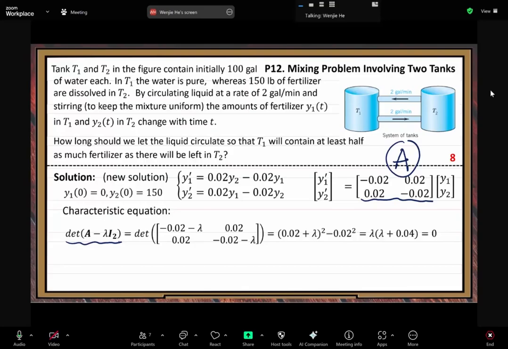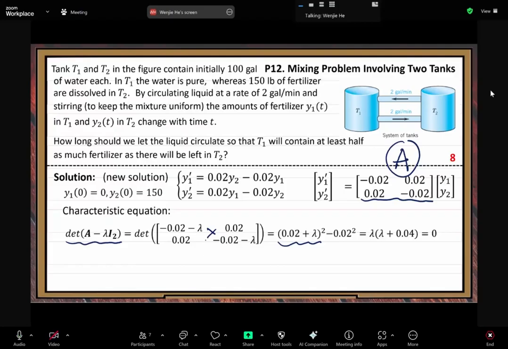So that's this one. You know how to calculate a determinant, right? The determinant of a 2 by 2. So you do the cross product. The first term is the product of the two entries in the main diagonal. Then minus the product of the two entries in the other diagonal.